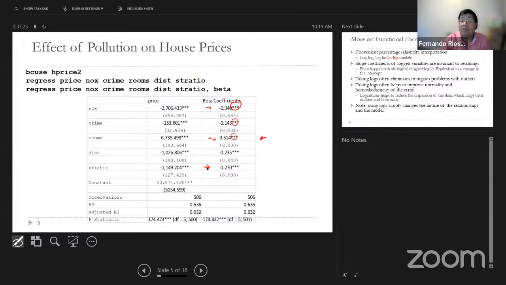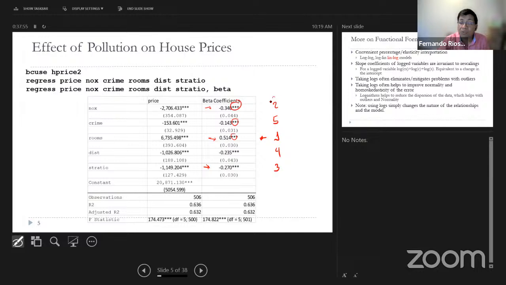So the range of priorities based on this model: people first look at the size of the house, the level of contamination of the area, the quality of the school district, how far it is from the jobs, and surprisingly, the last thing that seems to be related to prices is the level of criminality in the area.